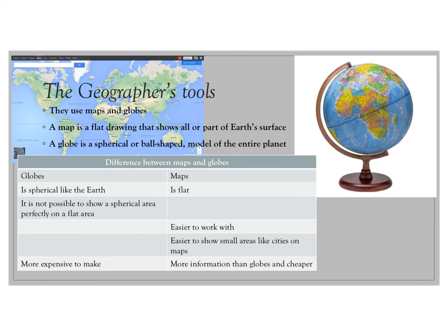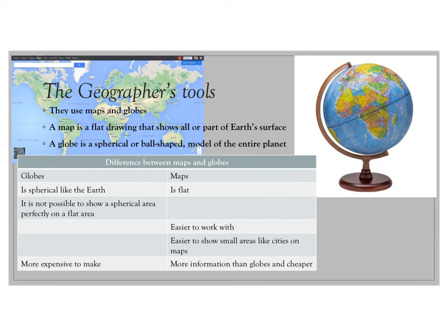Now, what you have to know is that we have certain differences between the maps and the globes. First, regarding the given shape, the map is flat while the globe is a spherical one. So the map is maybe easier to work with because you can use it as a flat sheet.